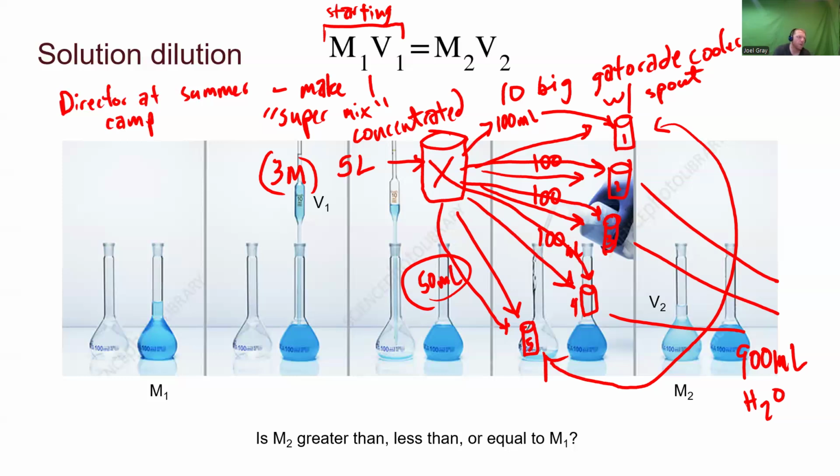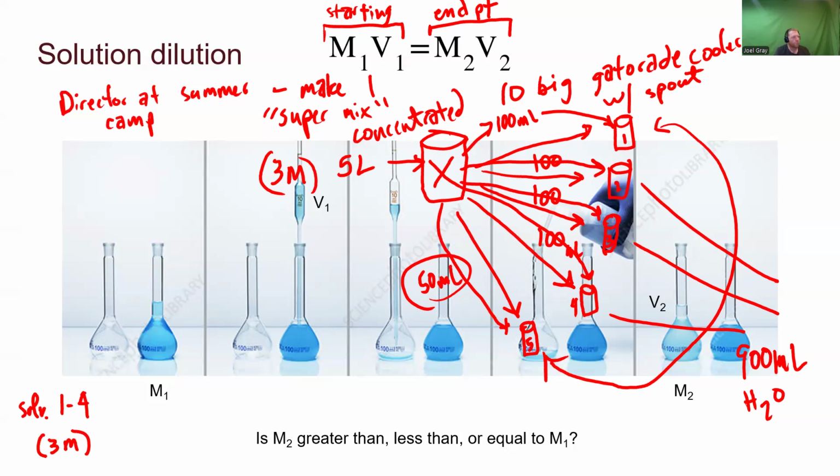Okay, so now the M2 V2 stuff is all about your endpoint. And what I mean by that is, what about these other solutions that you make? So our endpoint there. Now, what that means is I'm going to do the calculation for solutions 1 through 4, because those are all the same. What I'm going to do is take my concentration, my M, my molarity, and say 3 molar. And then I'm going to take the volume.